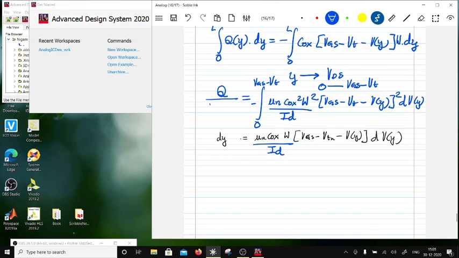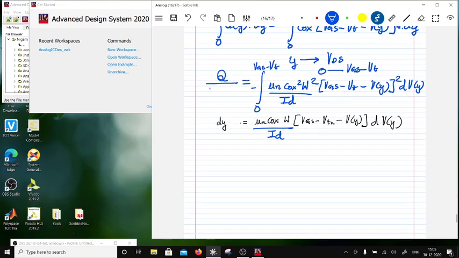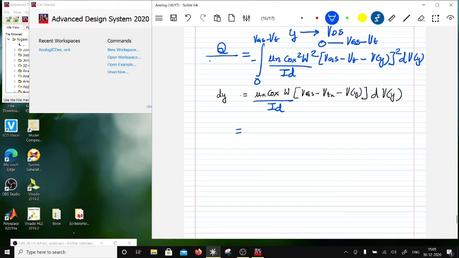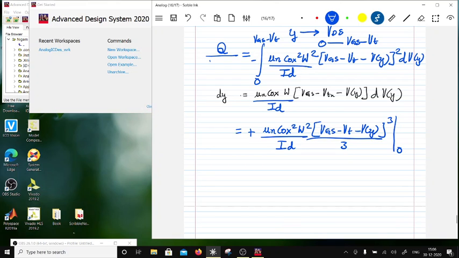Now I have to integrate this term and apply the limits. Its integral is going to be minus, and that minus minus will cancel, so it will become plus mu n COX squared W squared by ID times VGS minus VT minus VY raised to 3 divided by 3, and then I apply the limit 0 to VGS minus VT.